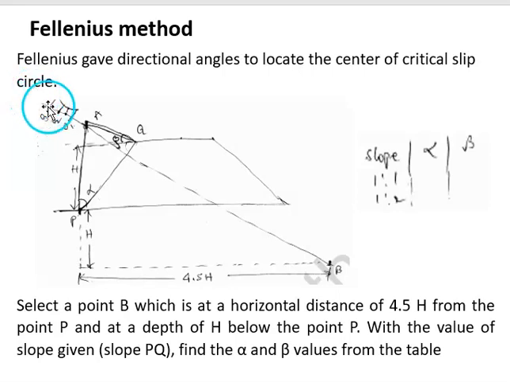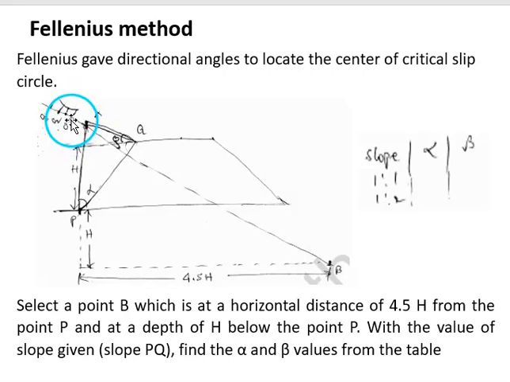Now we have to mark 3 points O1, O2, O3 on this extended line, and assume that these are the trial slip centers. Initially, by taking O1 as the center and O1P as the radius, we can draw the slip surface. Then we can use the method of slices to estimate the factor of safety.